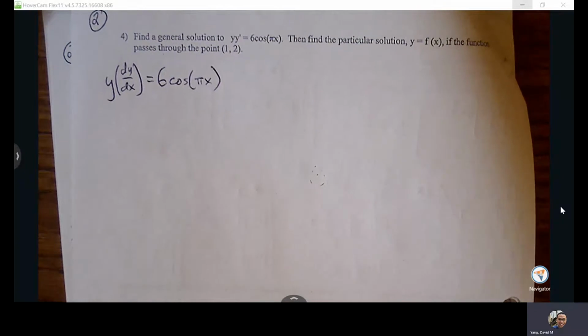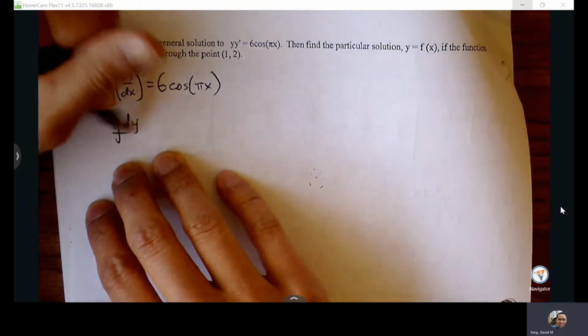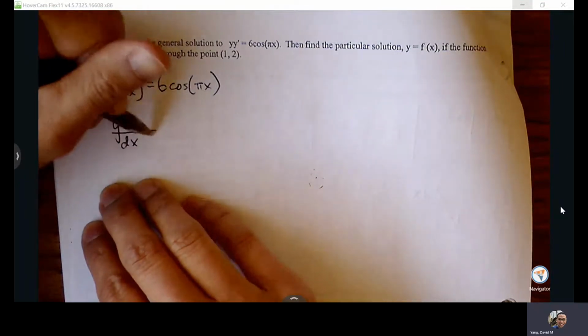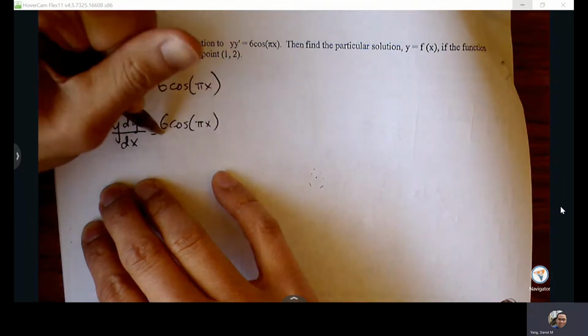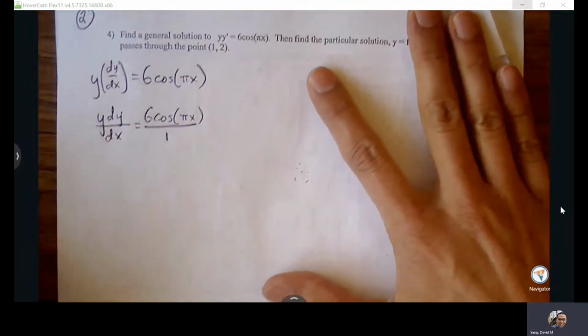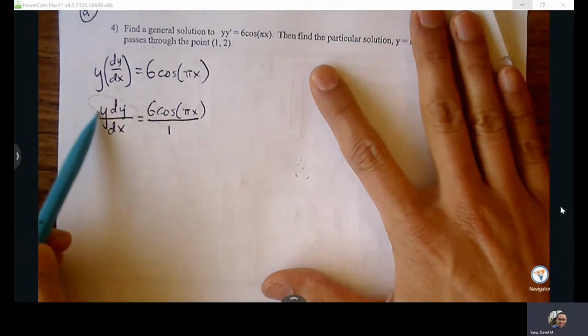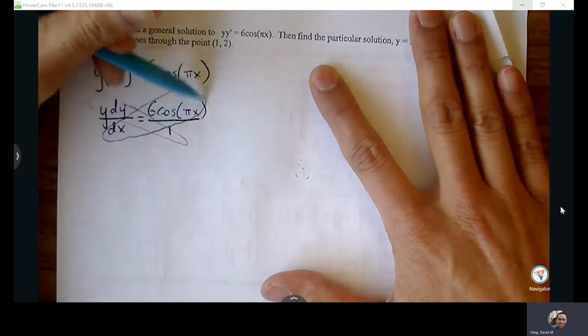Okay. I'm going to rewrite this in a way that I can get it to look like a fraction equaling a fraction, so I can cross multiply. I may not get full separation, but I will get the dy and dx's in their right spots.